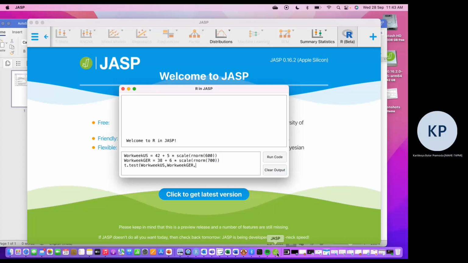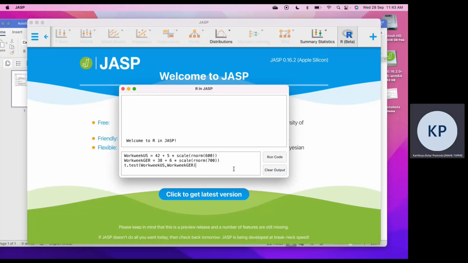Now we are looking at just a check of equality. So that's all right. All that we need is these two details. And we can run the code.